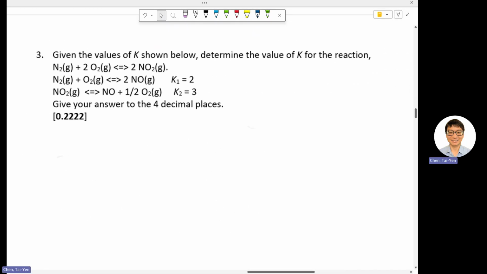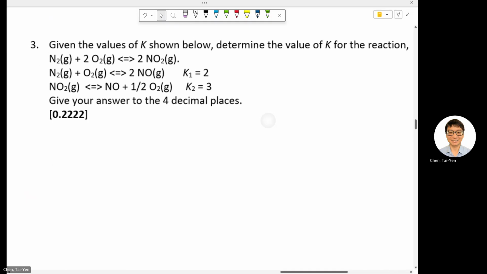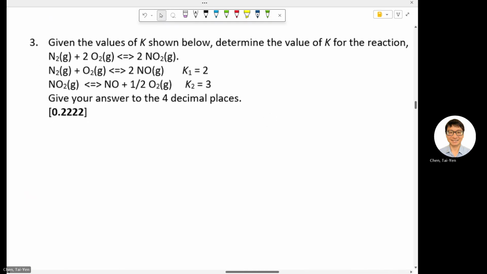Okay, there's actually another one. Given the values of K shown below, determine the value of K for the reaction. Okay, so this is actually your target equation.